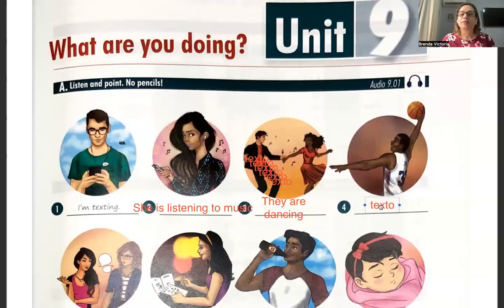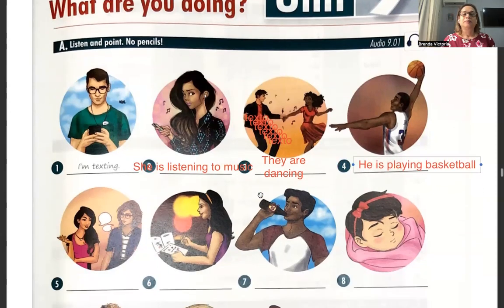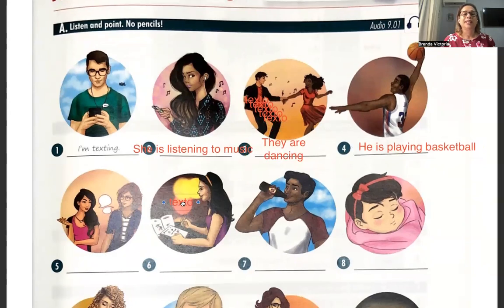Okay, in number 4, what is he doing? He is like Garfield. He is playing basketball. Okay, good. Then we have number 5. Take a guess. What are they doing? They are talking.